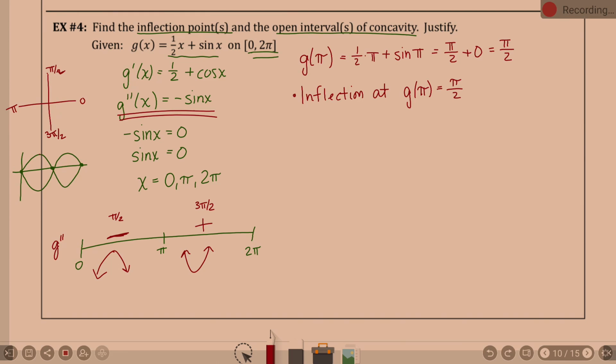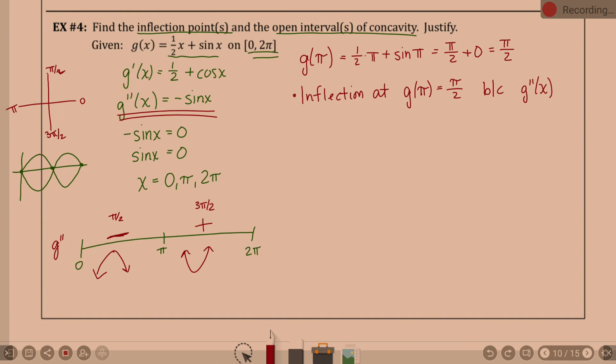And why is that an inflection point? I guess we didn't state this on the last one, but let's state it here. It goes from positive to negative, or negative to positive. So there's an inflection point at g of pi equals pi over 2, because g double prime of x changes signs from negative to positive.